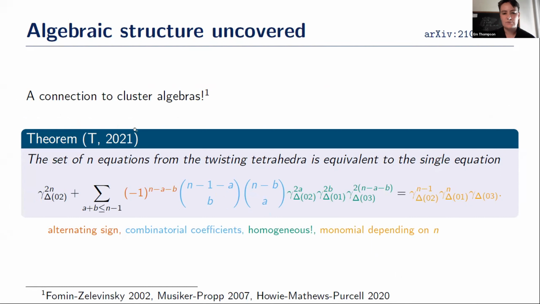And so I was able to use results in cluster algebras to prove a result that makes calculating this deformation space easier. But I'm over time, so I will stop there.